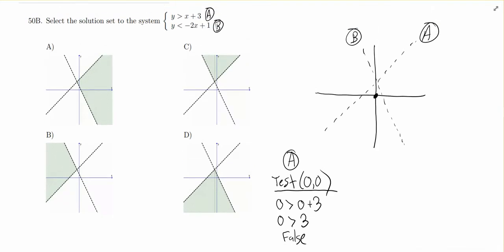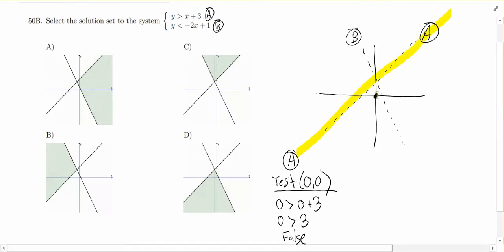So when it comes to only this line here, I do not want to shade the origin. I want to shade this side up here. So that's what's going on as far as A.